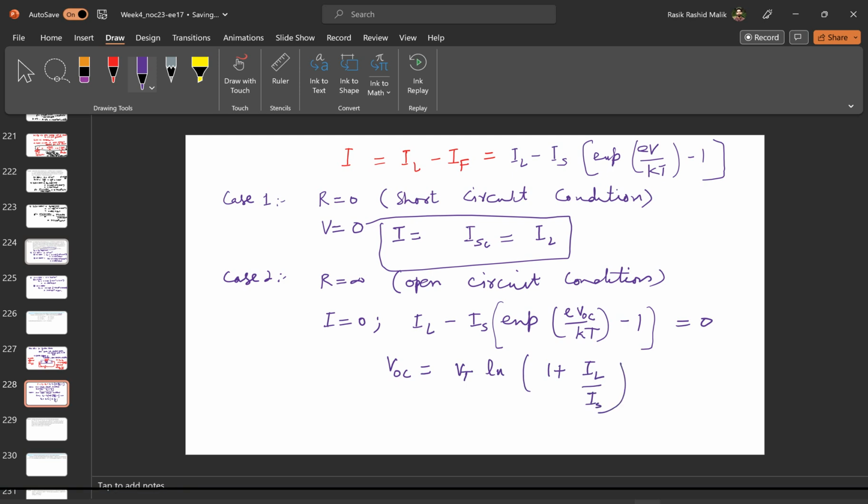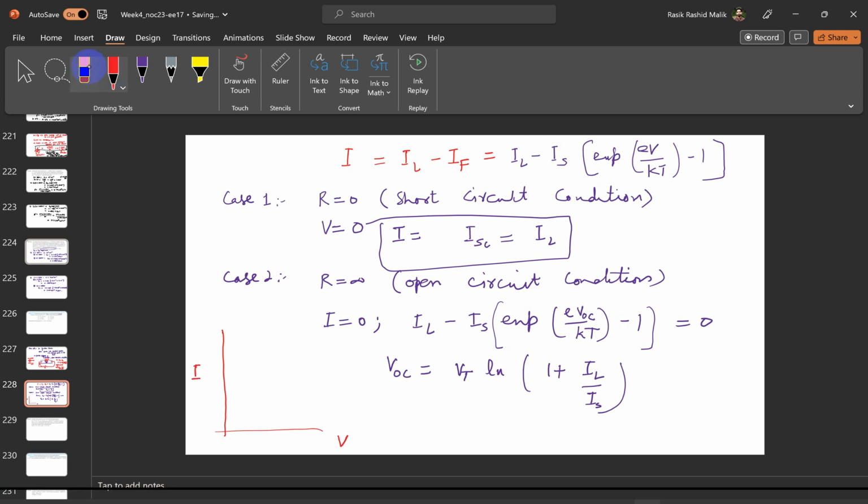So if we plot this I versus V from this equation, we may note the short circuit current. Say we have this voltage over here, and then we have the current over here.